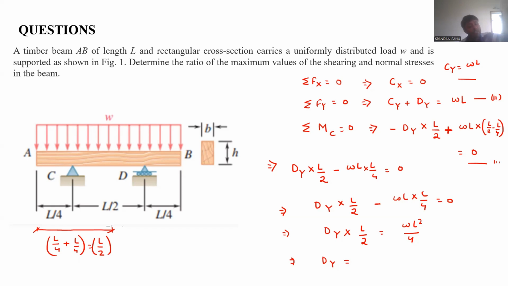And we are assuming that our clockwise moments are positive in nature. If Dy will try to rotate the entire beam in an anti-clockwise fashion, so we are taking the sign to be negative.